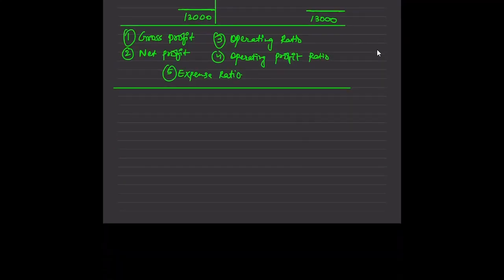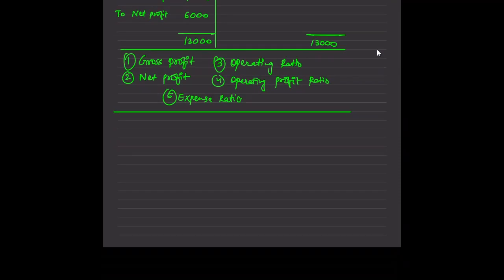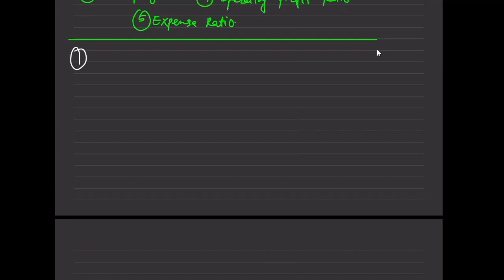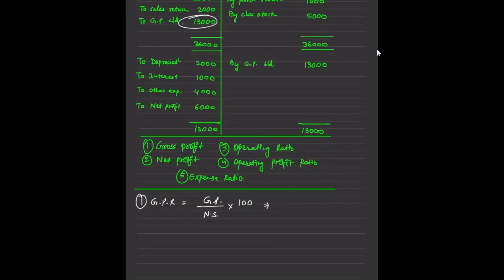So very simple was the first one. That is the gross profit ratio. It is nothing but the gross profit divided by net sales multiplied by 100. So from our question, we can see that our gross profit is 13,000. So this would be 13,000 divided by net sales.